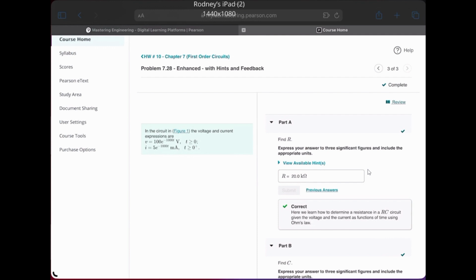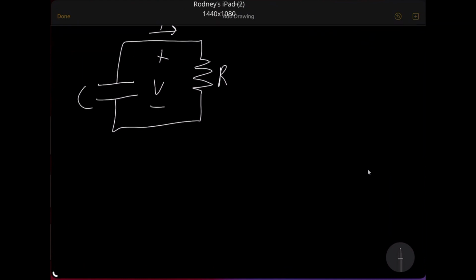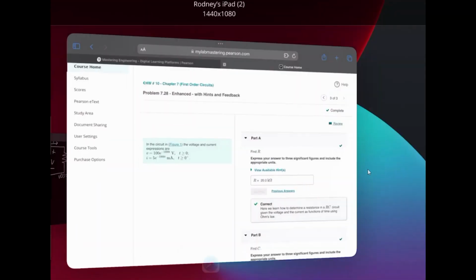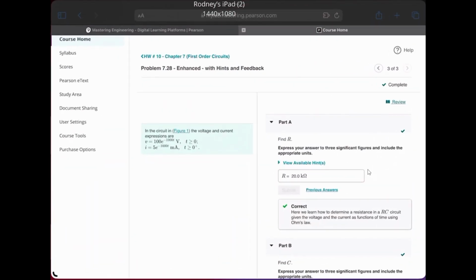Okay. So, from what we know about circuits with a capacitor and a resistor as a first order circuit, tau will be equal to R times C, right? And the formula is going to be e to the negative t divided by tau. This will be for voltage as a function of time if we pull it from the first one, the V that's given.